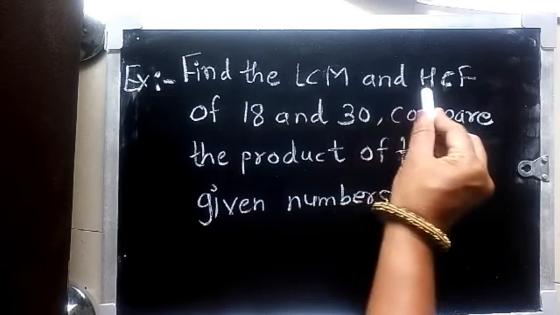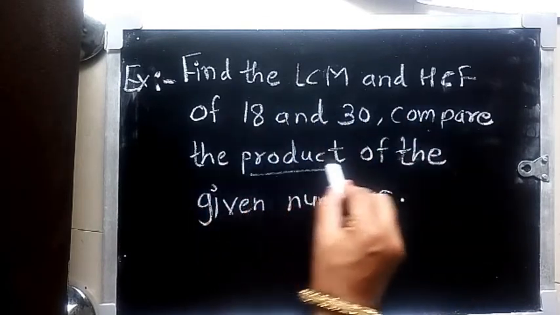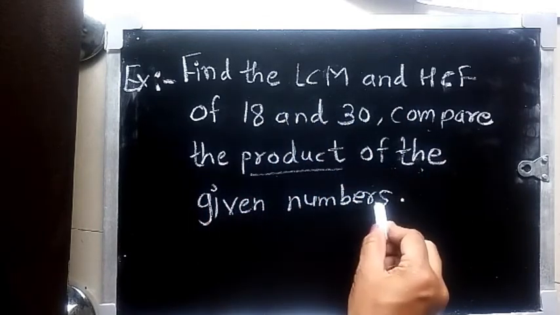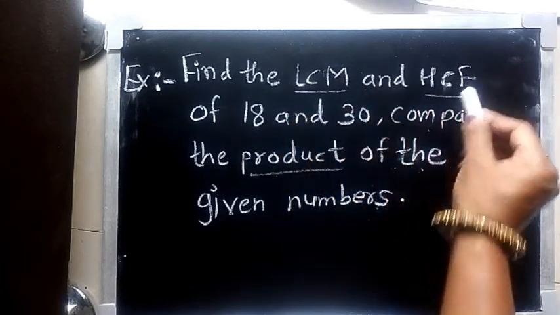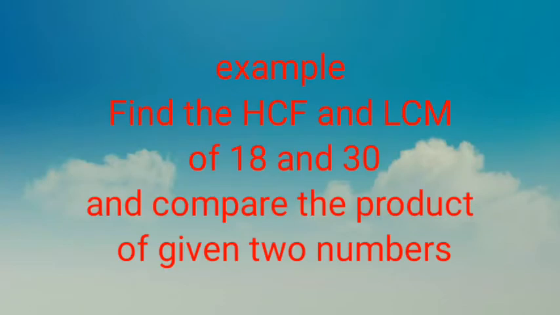For example, find the HCF and LCM of 18 and 30 and compare with the product of the given two numbers.